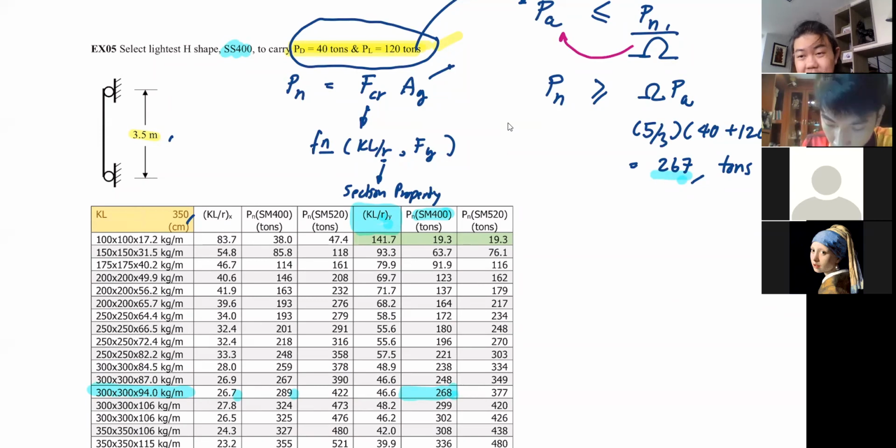So see how Y-axis governs your calculation. Okay, so simple as that. We can say that we are going to try this section. Okay, is there any question about this?